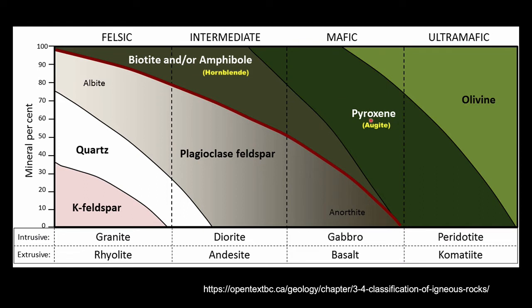We have pyroxene. We could have some amphibole or hornblende. We could have some olivine present also. And as we go more and more silica, so silicon and oxygen and aluminum rich, we get to rocks that you've heard of before. Granite, for example.